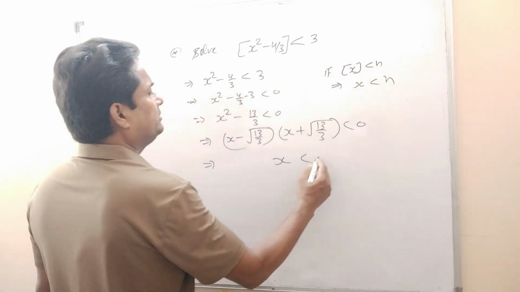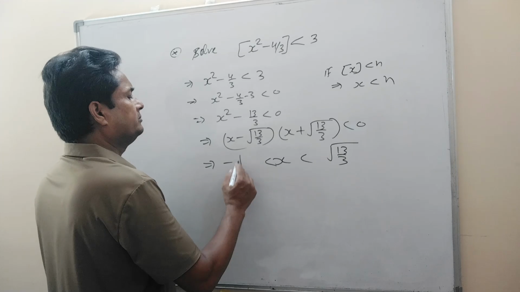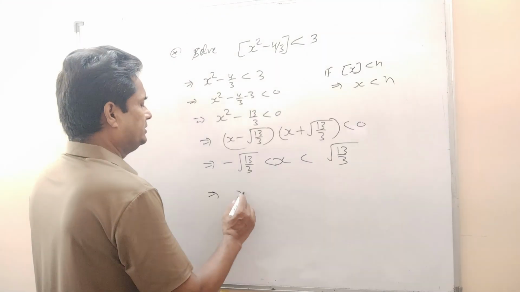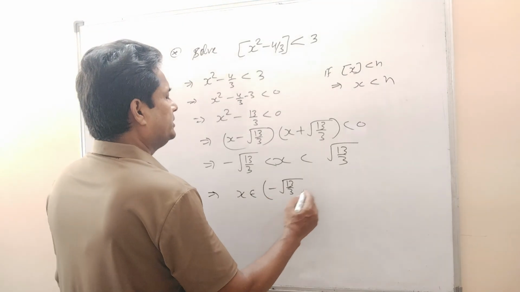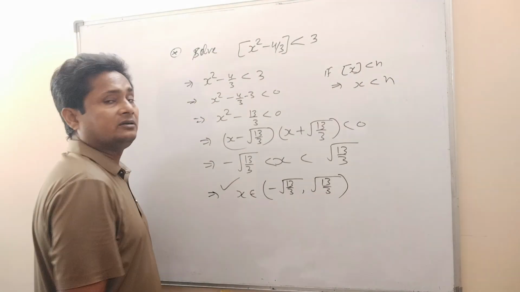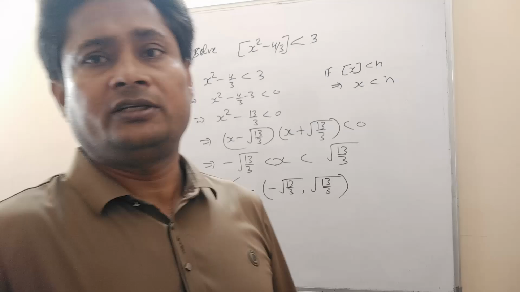So our answer will be x less than root of 13 by 3 and greater than minus root of 13 by 3. So this is our answer. x belongs to minus root 13 by 3 to root 13 by 3. Next questions we'll discuss in the next classes.